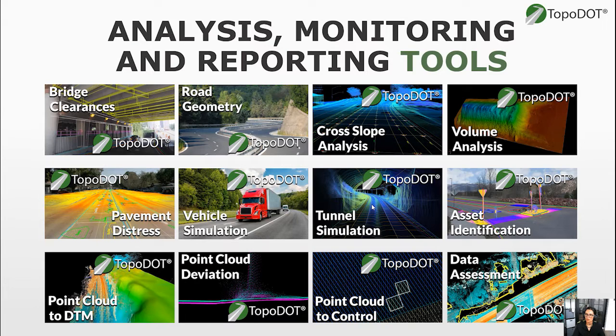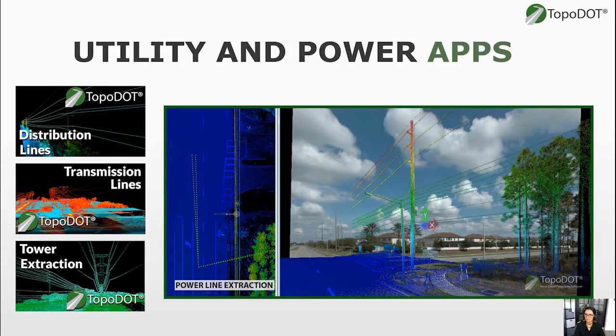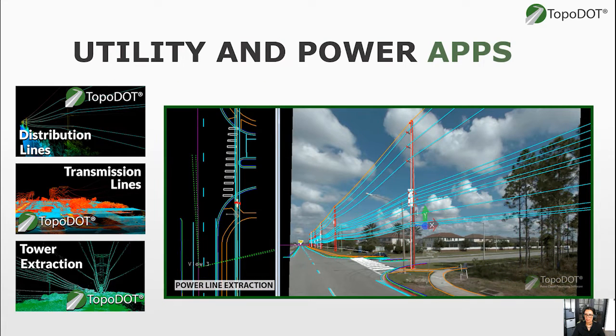So knowing that you have the ability to create some of these reporting and monitoring capabilities allows you to diversify the use of point clouds beyond just the as-built condition modeling. And lately we've seen a lot of uptake in the utility market.